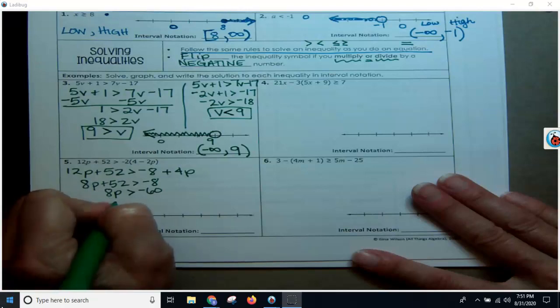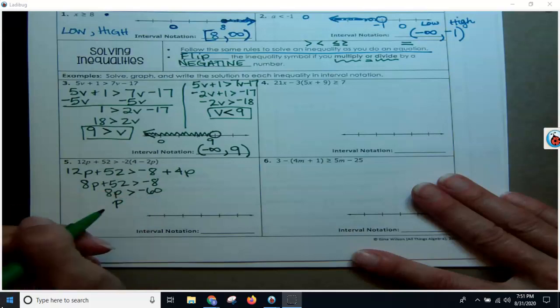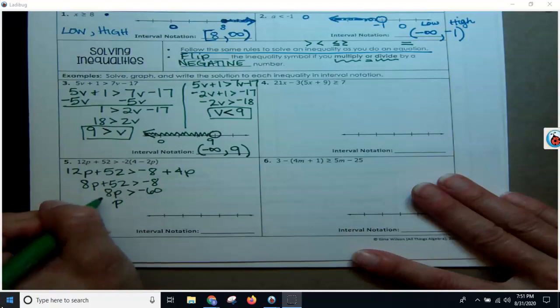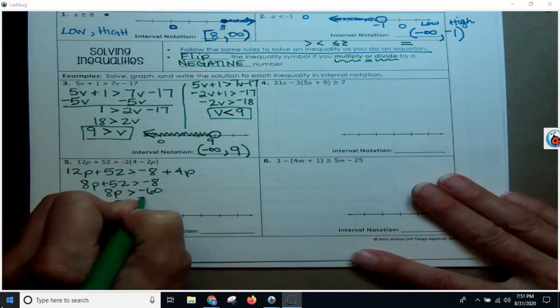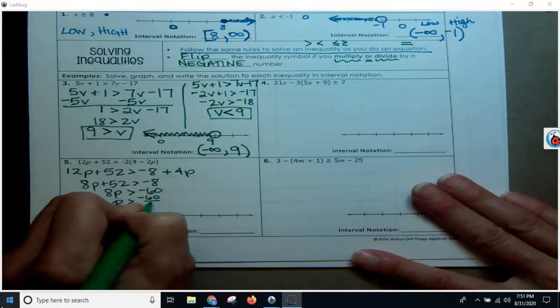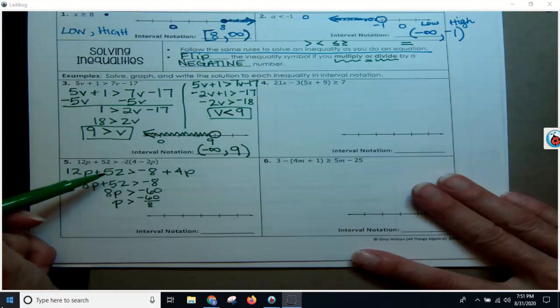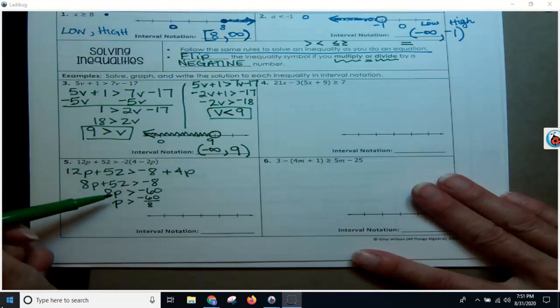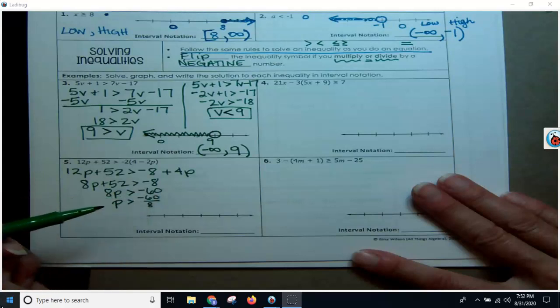And now I'm dividing by 8. Now I'm dividing into a negative number. That's okay. I'm not dividing by a negative number. So I'm still going to just leave that as the same. So even though up here I subtracted, I divided by a number into a negative number, none of those made my sign flip.